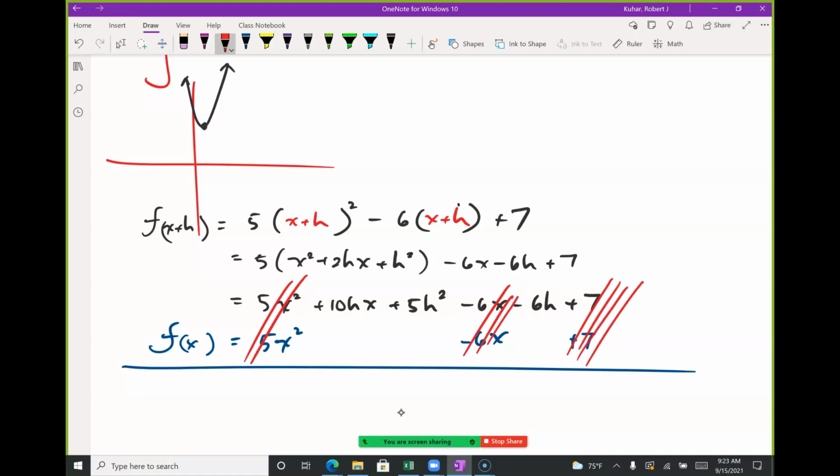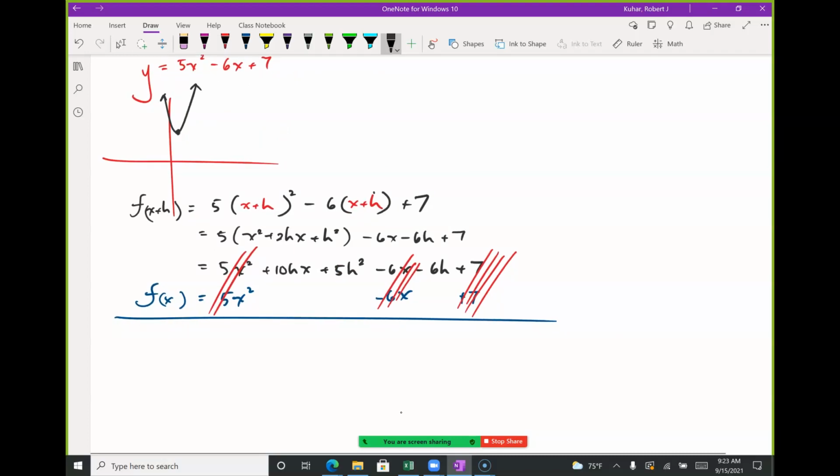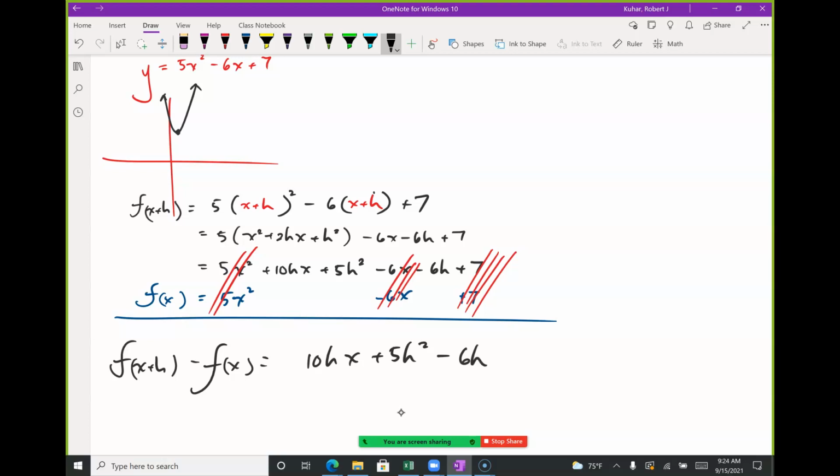Notice what is happening. Everything that's left over has a factor of h in it, and if it doesn't, you made a mistake. So I've got my difference now. It is 10hx plus 5h squared minus 6h. I'm going to make it a difference quotient by dividing by h.